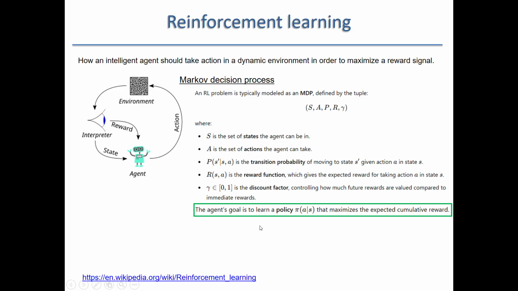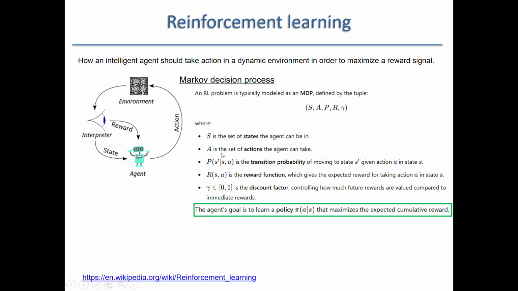And we have a discount factor, and this discount factor controls how much future rewards are valued with respect to immediate rewards. Maybe we can have very small immediate rewards, but we can delay our reward because later we will have a bigger reward. So the goal of the agent is to learn a policy, that is policy pi: given the current state S, what is the action that we should take, so that we maximize the expected cumulative reward.